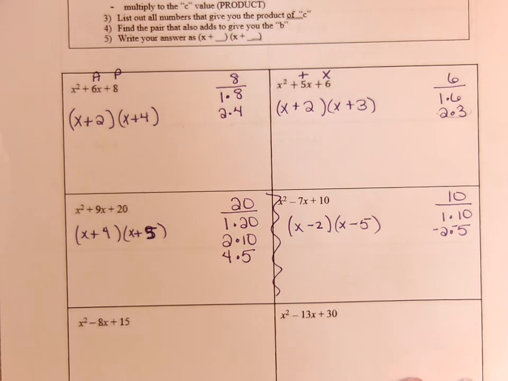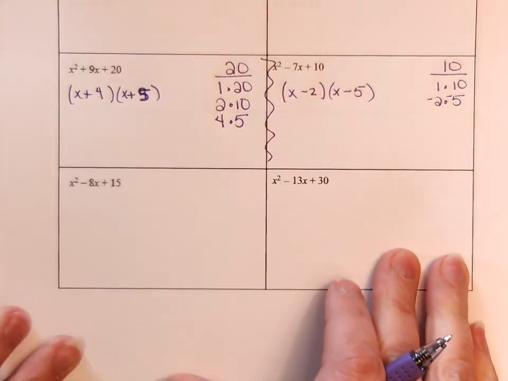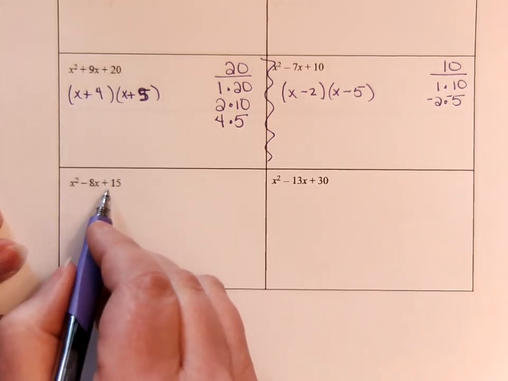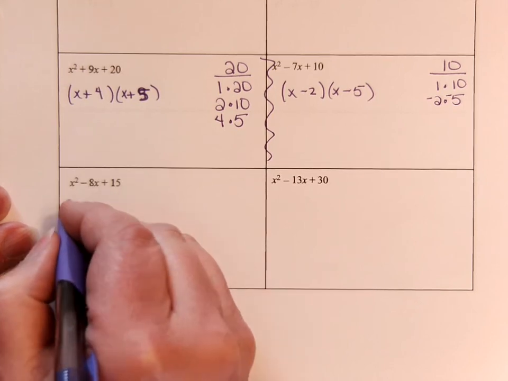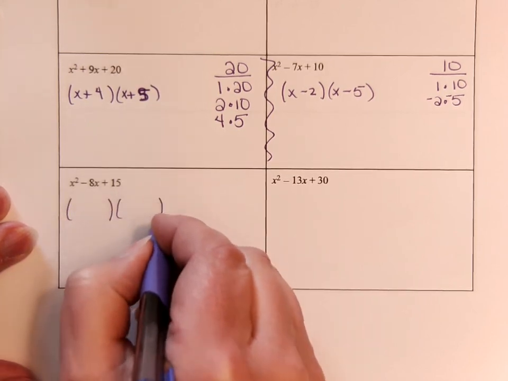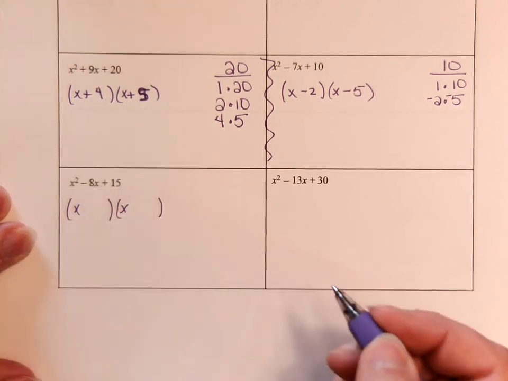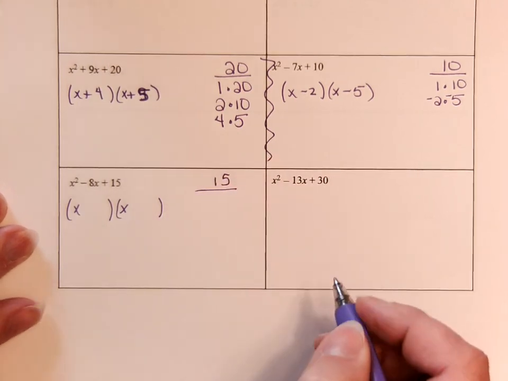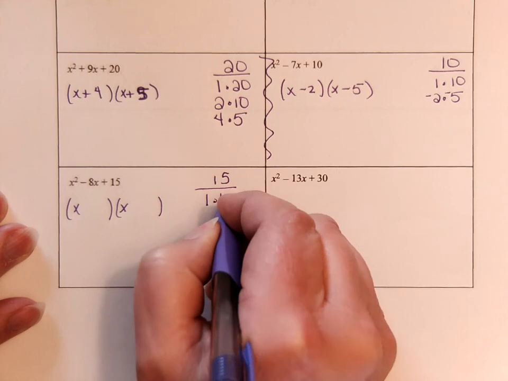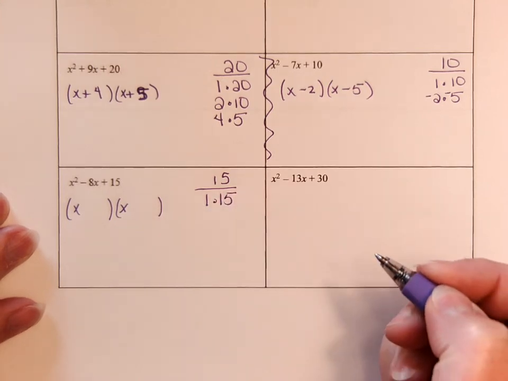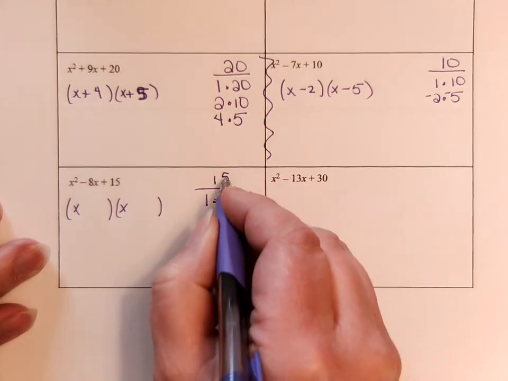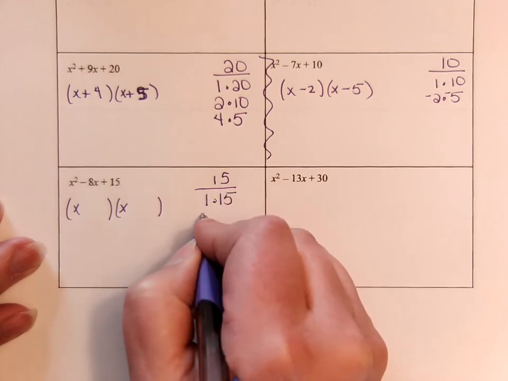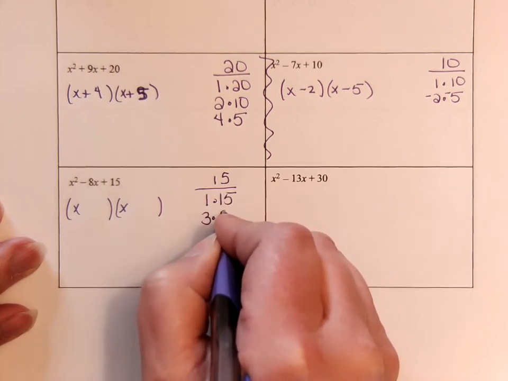So let's try the next one. So then we have x squared minus 8x plus 15. So again, let's set up our parentheses, put our x's in there, and we're going to find numbers that multiply to 15. We'll start with our 1 times 15. That gives us 16. 2 doesn't multiply into 15, but 3 does. 3 times 5.